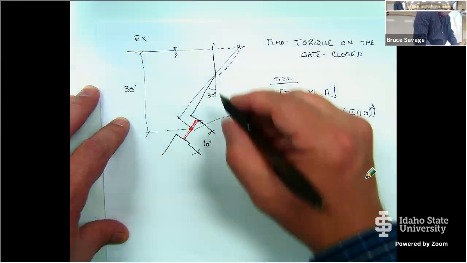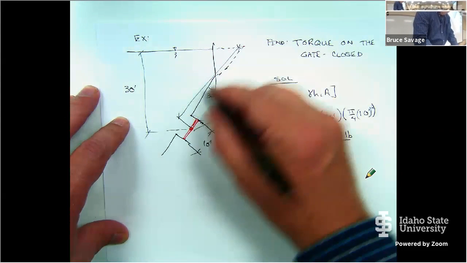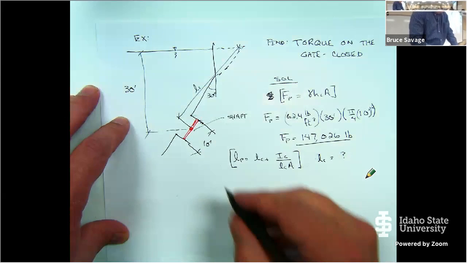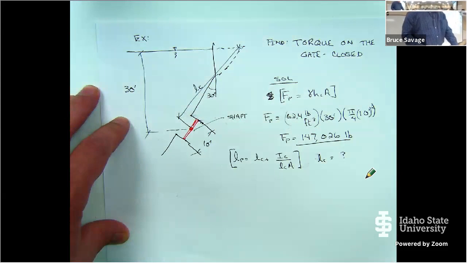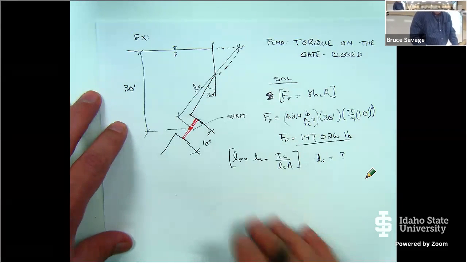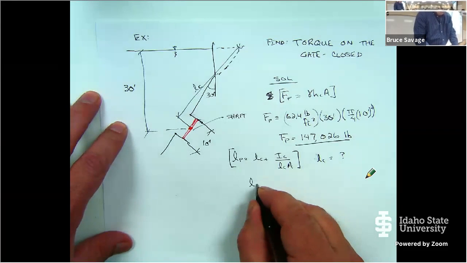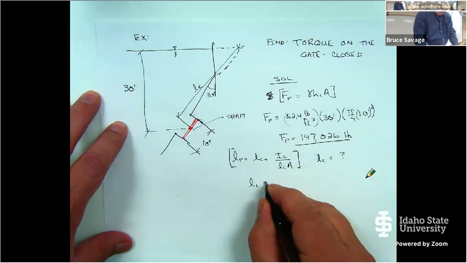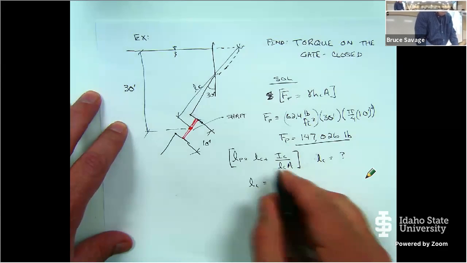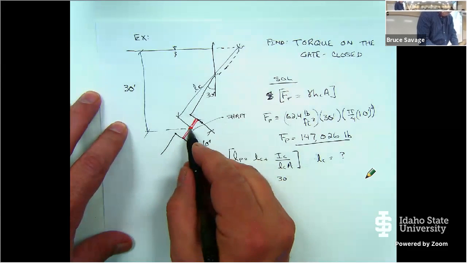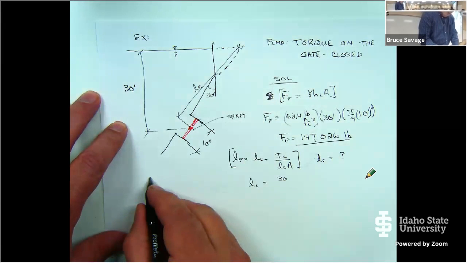I didn't draw that very well, did I? You get the point. This is L_c. And so I know that L_c is equal to 30 feet, because this is 30 feet down here. So it's like a little triangle, if you will.